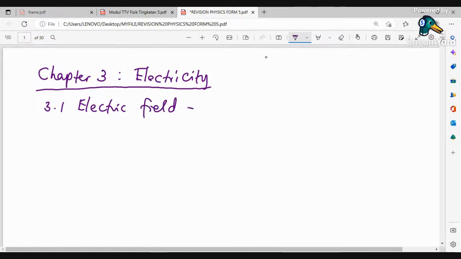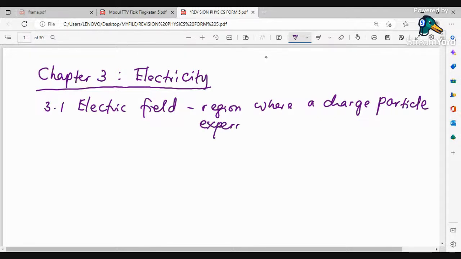What you should know about electric field definition: electric field actually refers to a region, satu kawasan, where a charged particle experiences electric force.